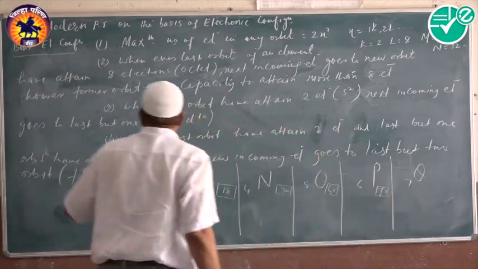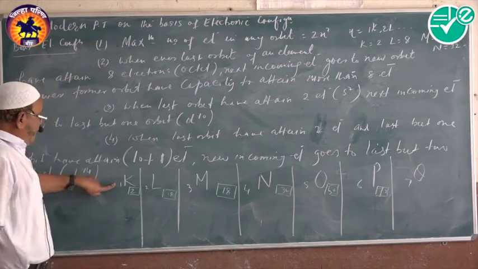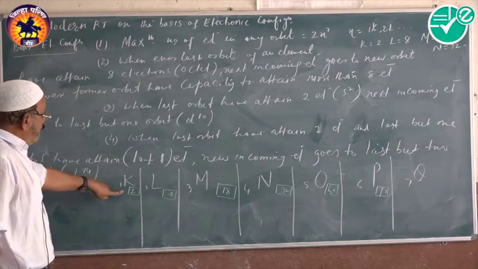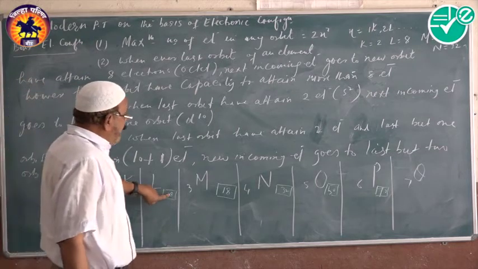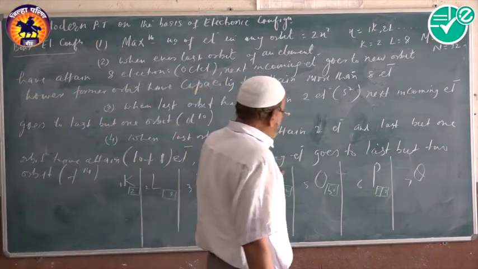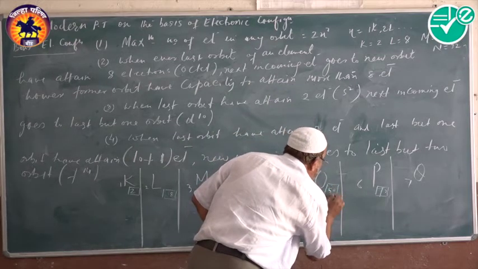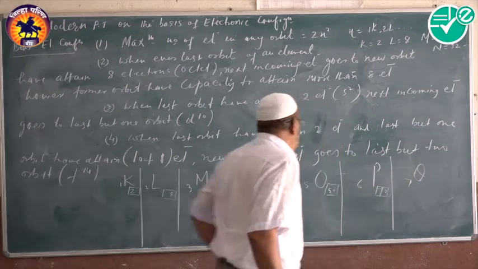This is rule number 1. The maximum number of electrons according to this rule is 2, 8, 18, 32, 50, 72, and so on.